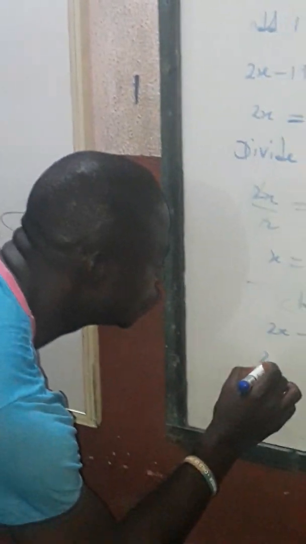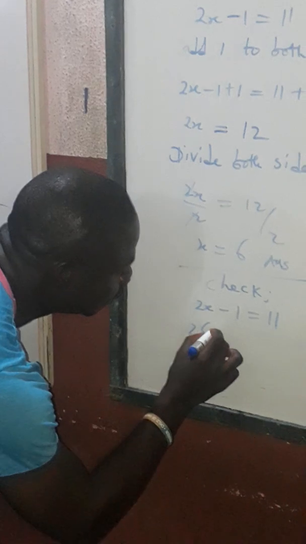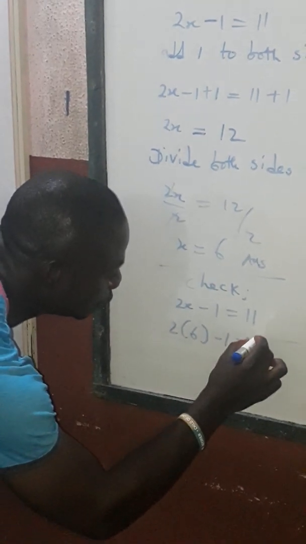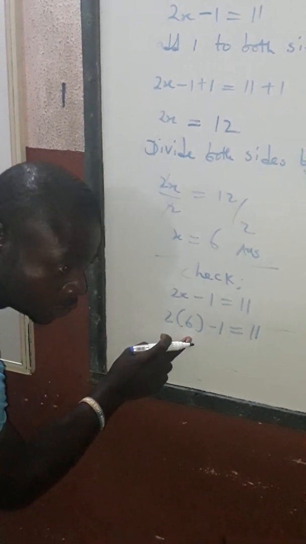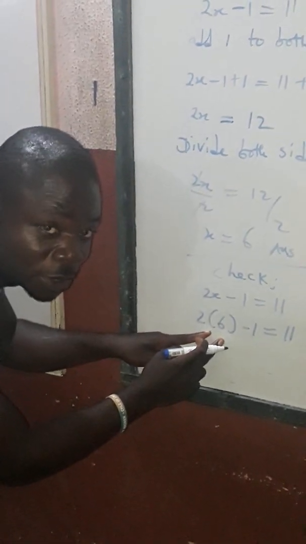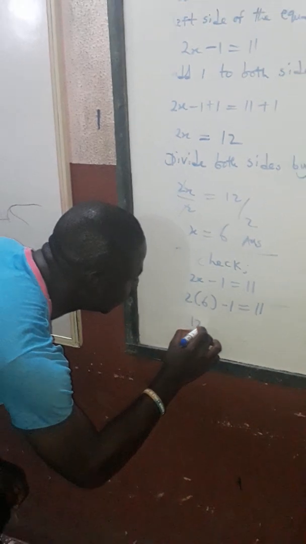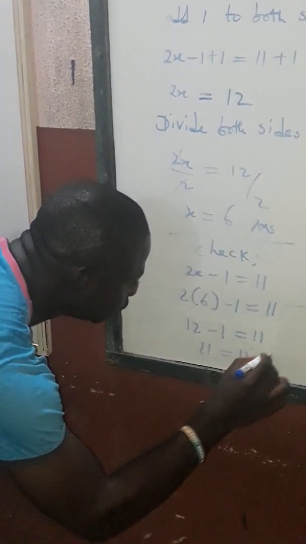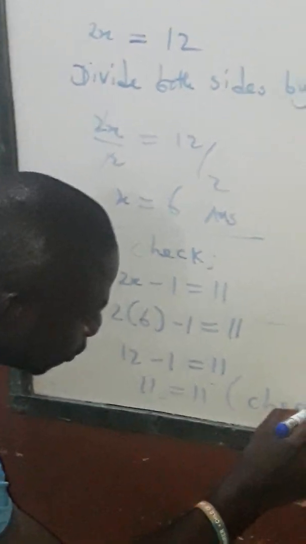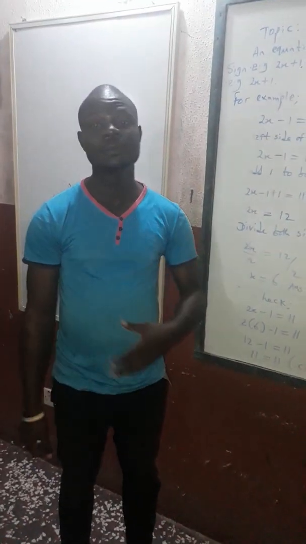So, you now have 2 into bracket 6 minus 1 is equals to 11. So, 2 times 6, the bracket signifies multiplication here. So you have 12 minus 1, which is 11. So 11 is equals to 11. Checked. Correct. That's that. As simple as that.